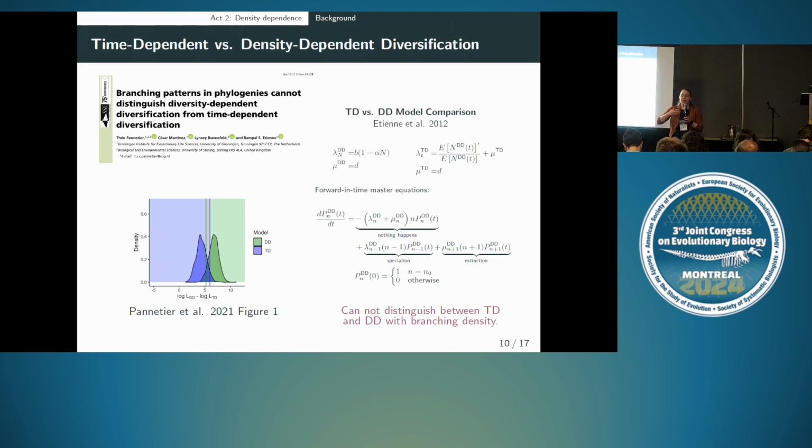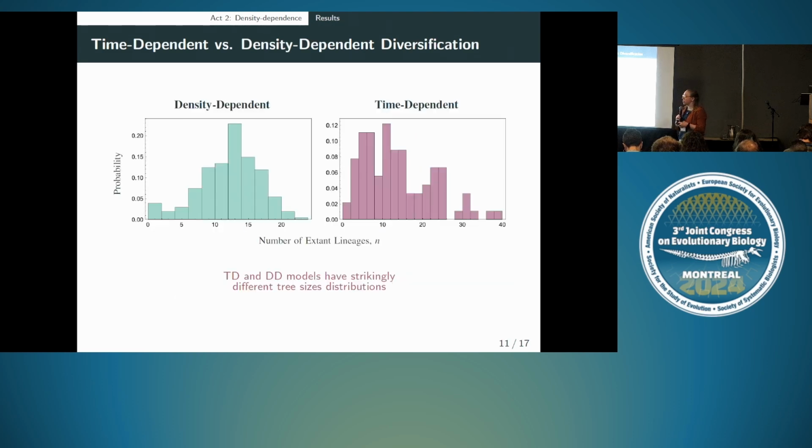But if you look at the integral, so the total accumulation of lineages over time, you can get very different patterns, and that's what tree size tells us. So to test this, we looked at two models, a time-dependent model and a density-dependent model, that look exactly the same in terms of branching density, but we looked at their distribution of tree sizes.